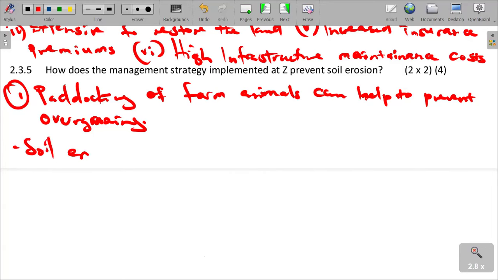Soil erosion is minimized. Soil erosion is controlled, or it can become less.